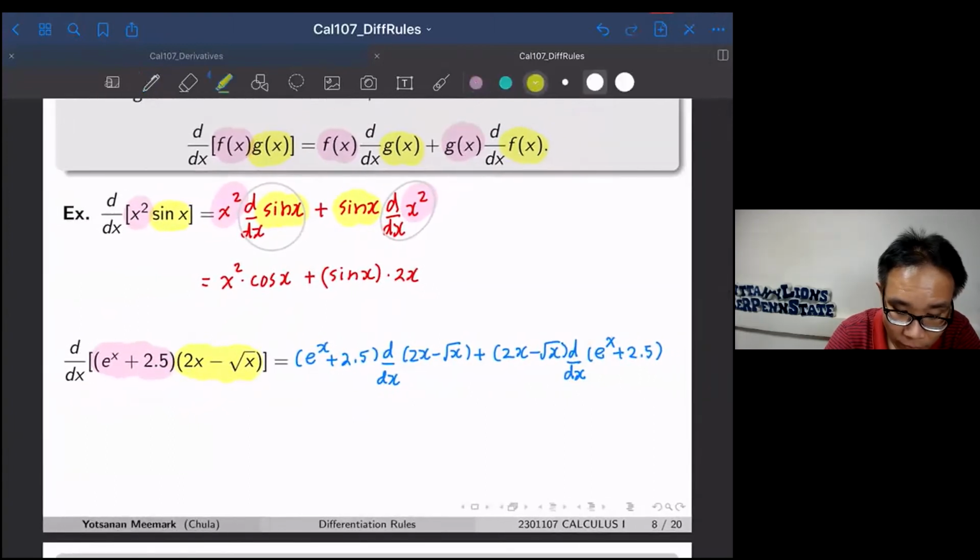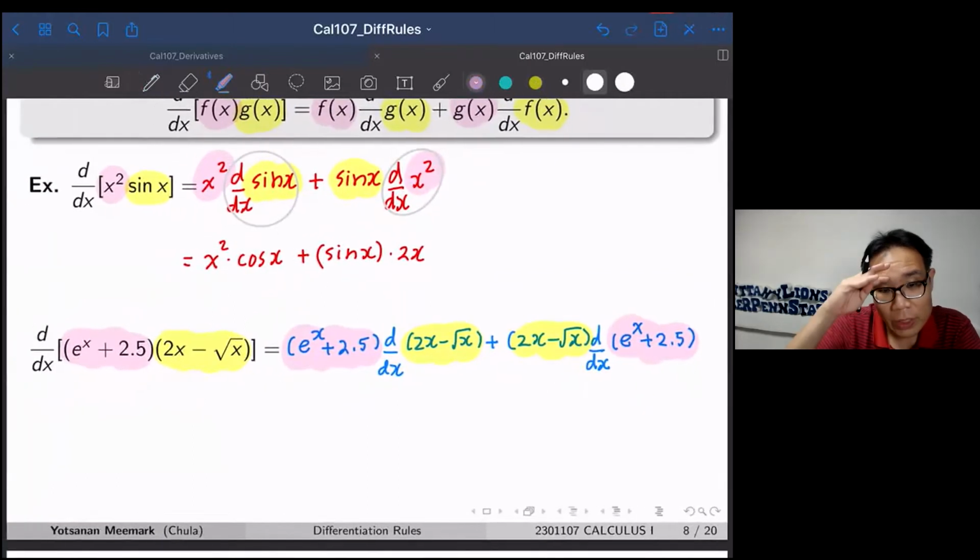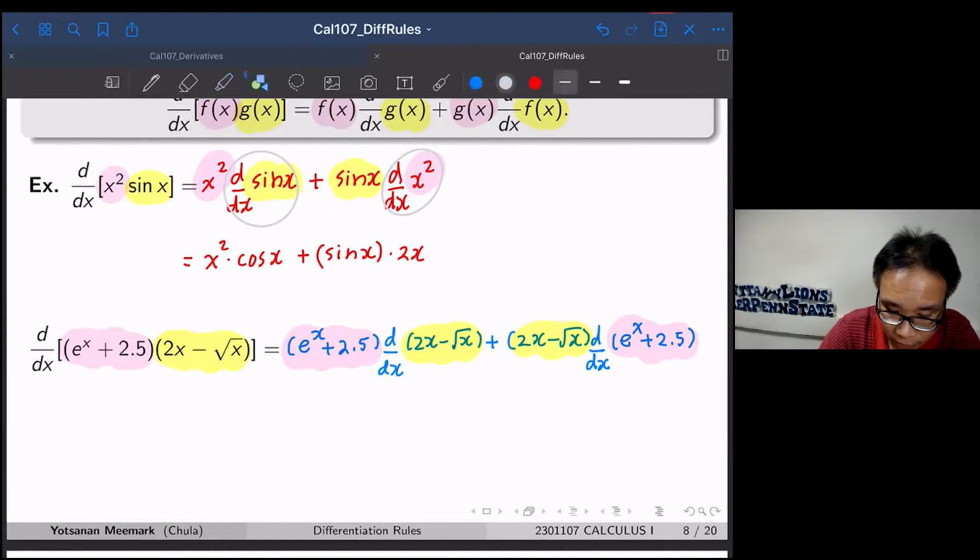Okay, so in this case, you get the yellow part and the yellow part here, and the pink part and the pink part. So it's going to be e to the x plus 2.5 multiplied with d/dx of 2x minus root x, plus the second, which is 2x minus root x, times the derivative of the first. So in this case you would get these to find the derivative of the function, and then you're going to differentiate this.